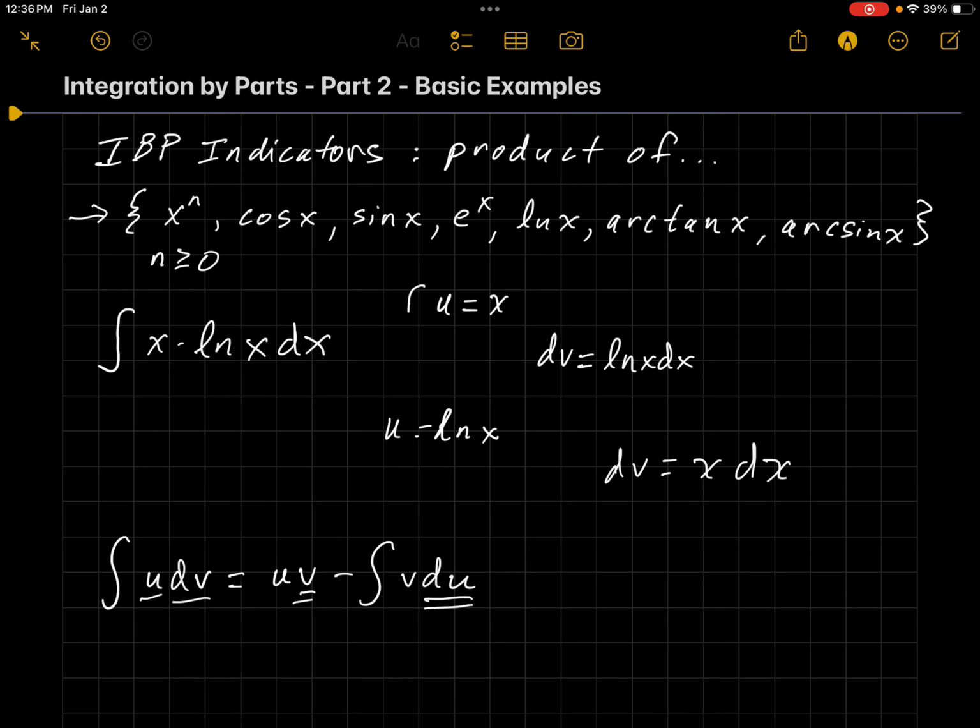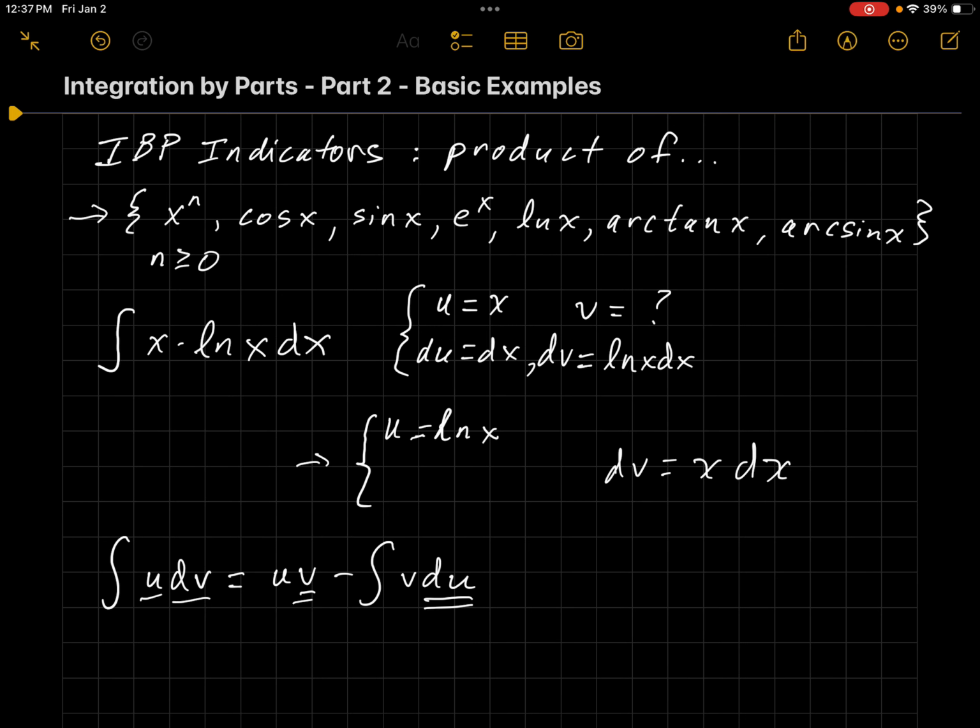So let's look at my first try. If u is x, then du is dx. Very simple. If dv is natural log of x, then v is, I don't know. Or at least at this point, we don't know how to do it. So that's an indicator to me, a separate indicator, that I probably chose incorrectly, and that this bottom one is probably going to be the correct choice.